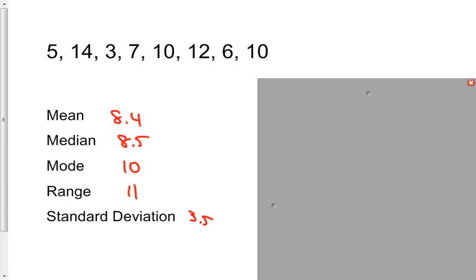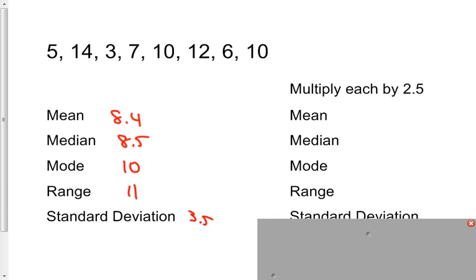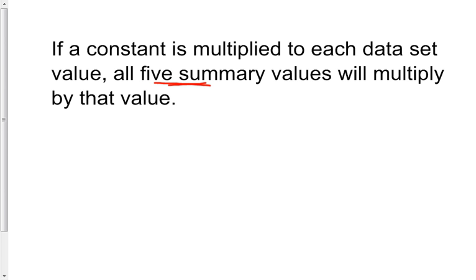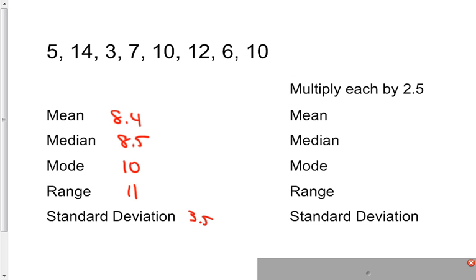Now, what are we transforming this data by? We need to multiply each number in the data set by 2.5. What will that do to our 5 summary values? Well, if you remember the rule we just learned, those new summary values will all multiply by that same value. Okay, so we're not going to go to our calculators and re-enter everything into list 2.